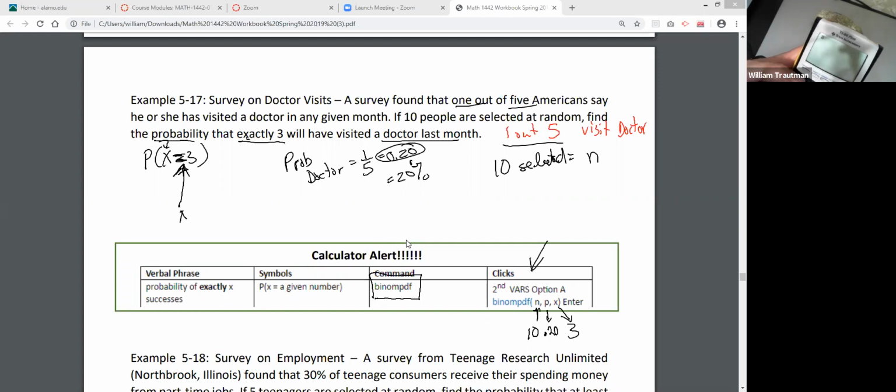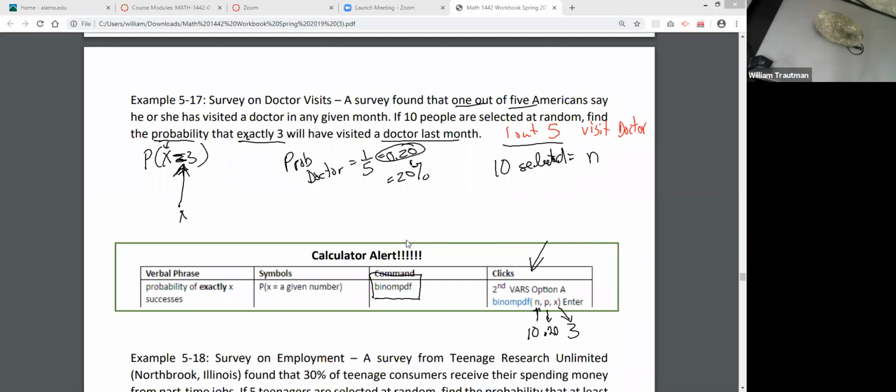that. Second vars, go down to number A, Binomial Pdf, 10, .2, 3, and hit enter one more time, and it gives us the probability. When we do these probabilities, we always take the Binomial PDFs to 4 decimal places.